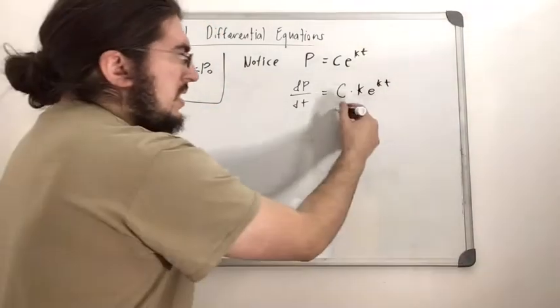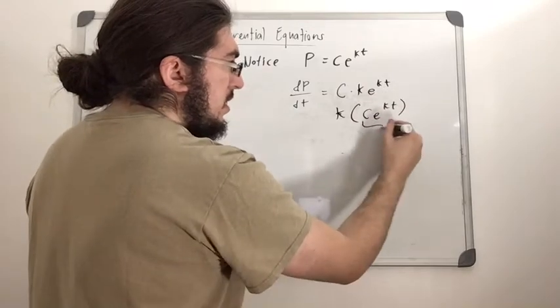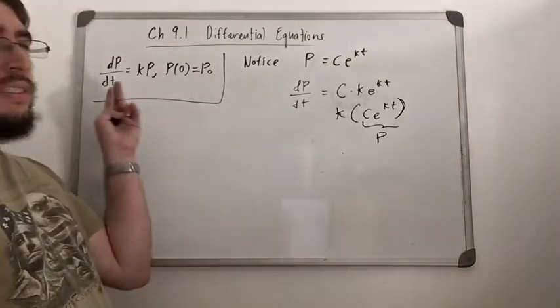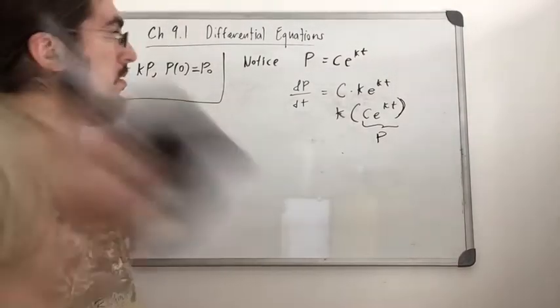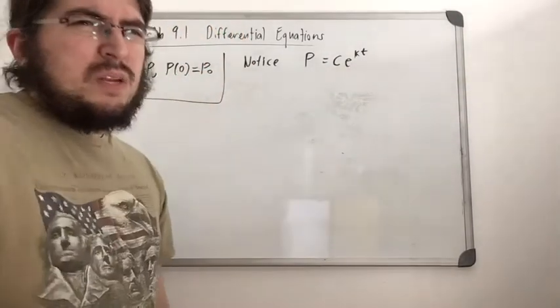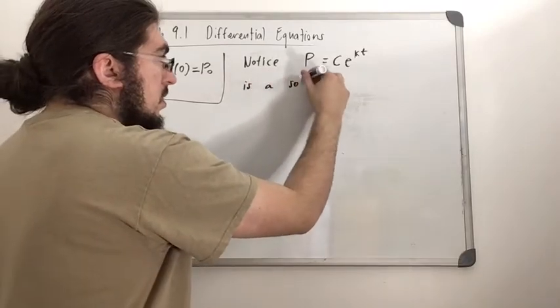If you rearrange this, this is k times C e to the kt, which is just, you guessed it, P. So this satisfies dP/dt equals kP. So we notice that this is a solution to our differential equation.